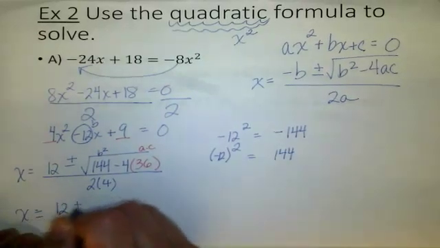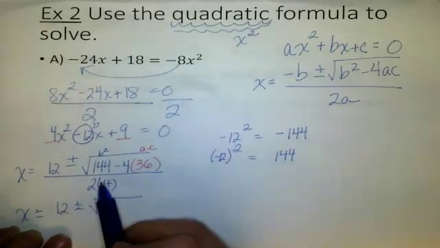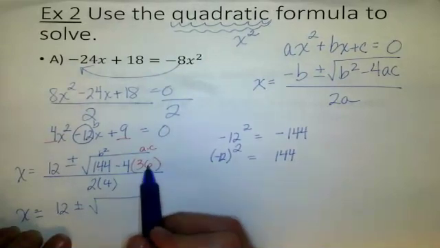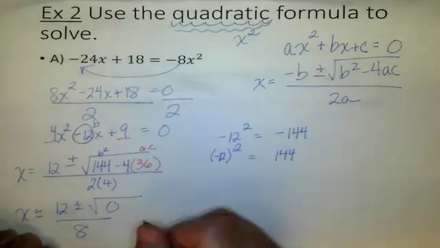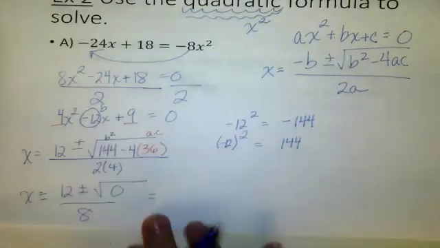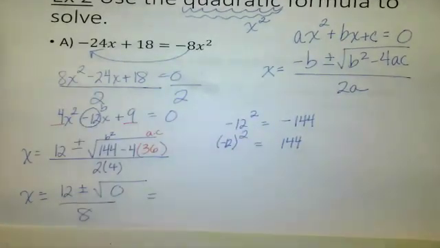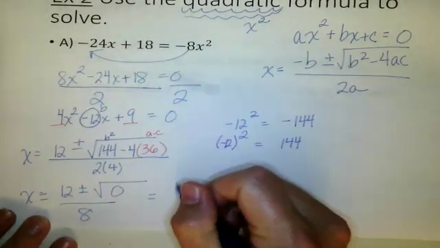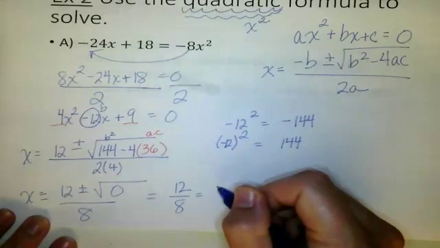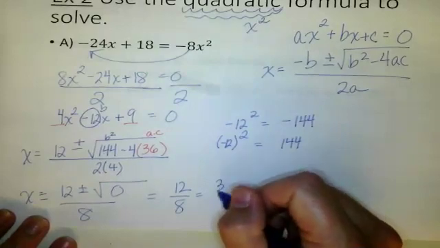So we have 12 plus or minus the square root of 144 minus 144, which is 0. Oh, crazy. All right. So what's the square root of 0? 0. So I don't have to worry about the whole plus or minus portion. It's just 12 over 8, which reduces to 3 over 2.